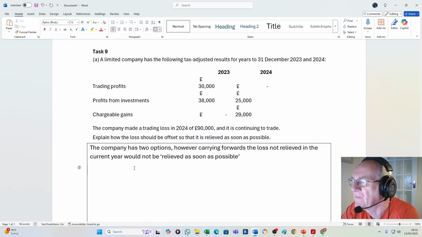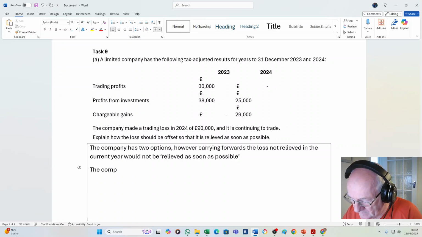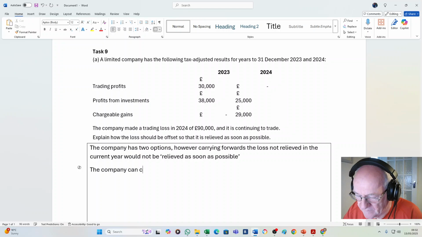No harm in showing the examiner that you understand the 2 options. So we're going to carry it forward and back. Back, so not back, forward, back. And current.